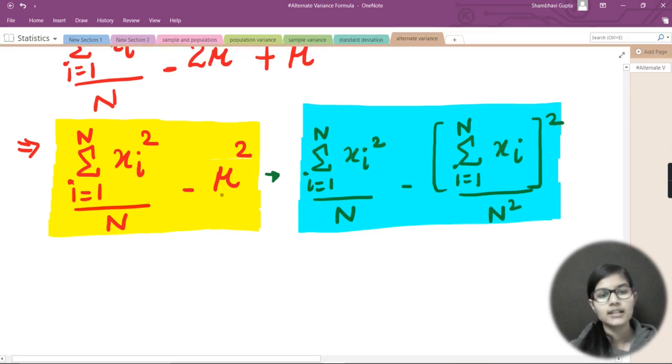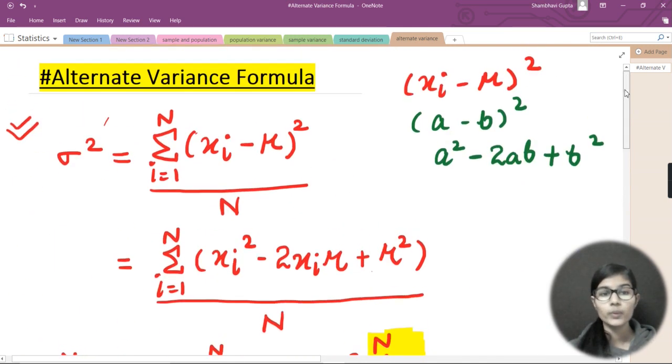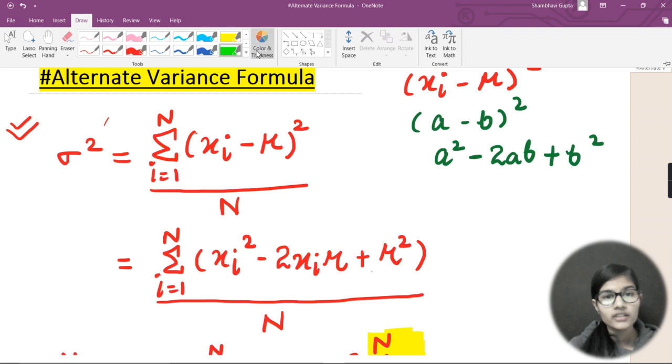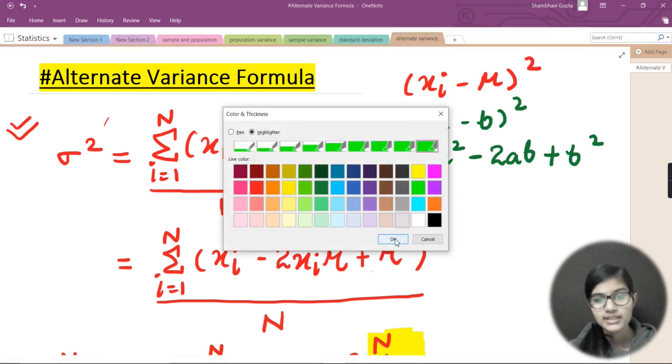After that I substituted this mu value here, and after substituting that, what I got here is sigma i equals 1 to n of xi square upon n minus sigma i equals 1 to n of xi, whole square upon n square.